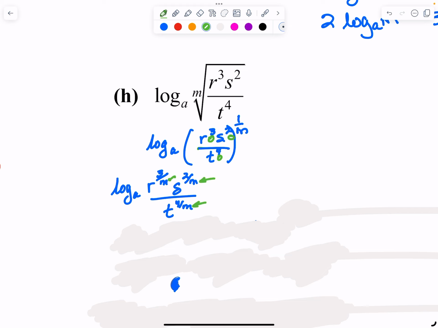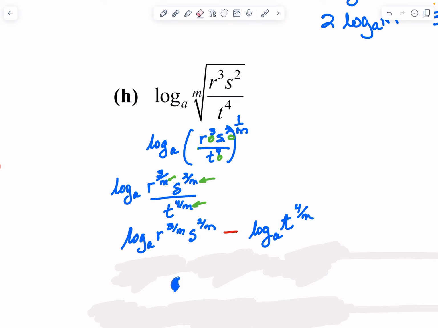And then I'm going to do the same thing that I've done in the past, where I will take my division and turn that into subtraction. And then I need to take each one of the multiplications, which in this case I just have one multiplication, and turn that into addition.